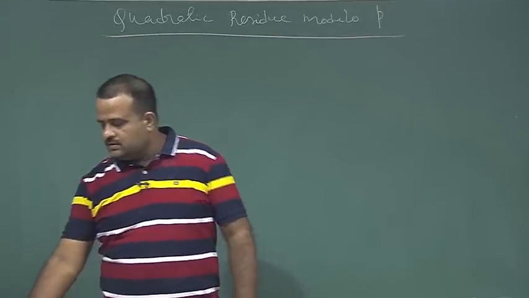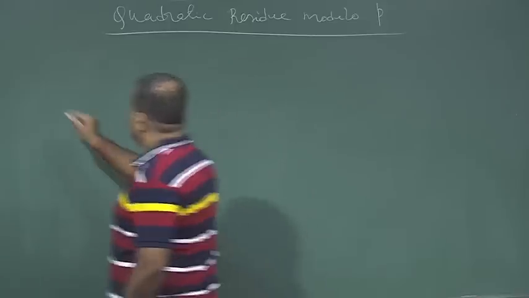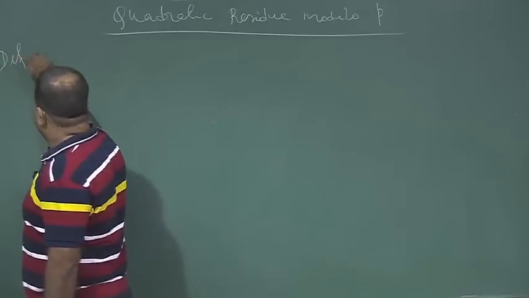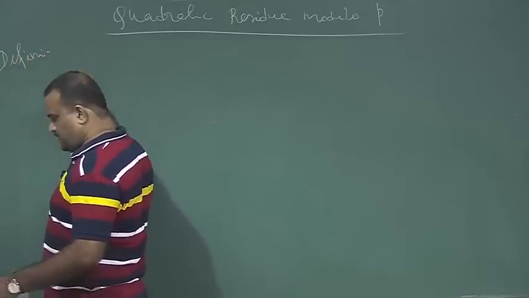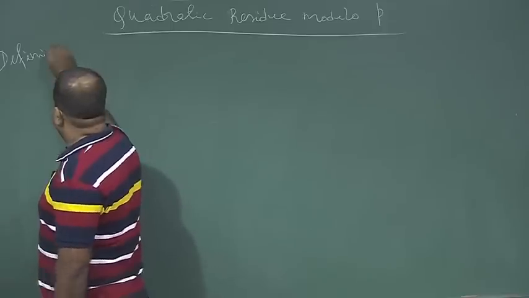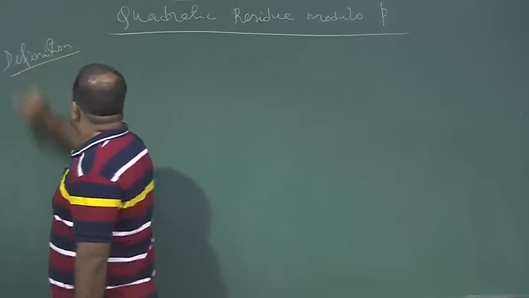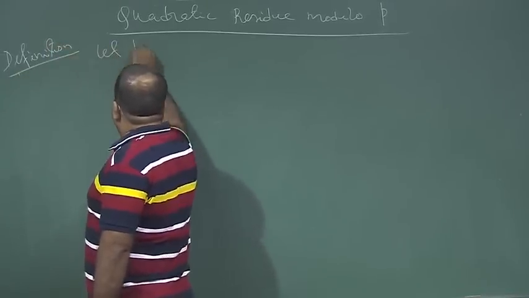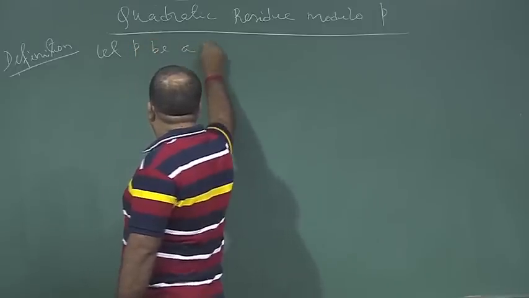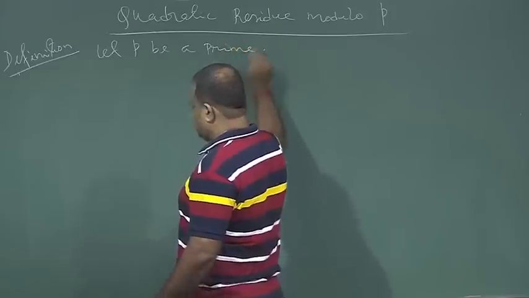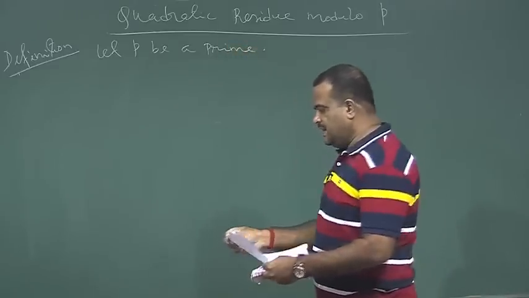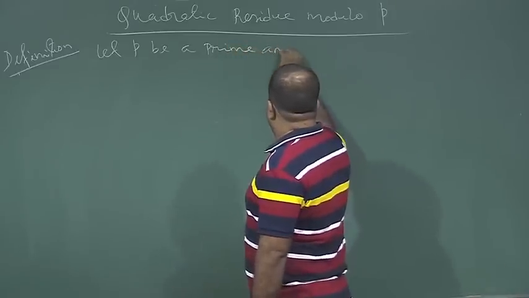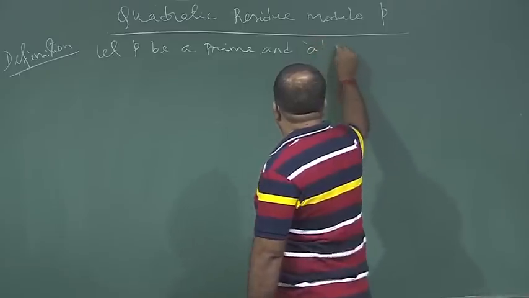How to define this? The definition of the quadratic residue: let p be a prime number and a be an integer.